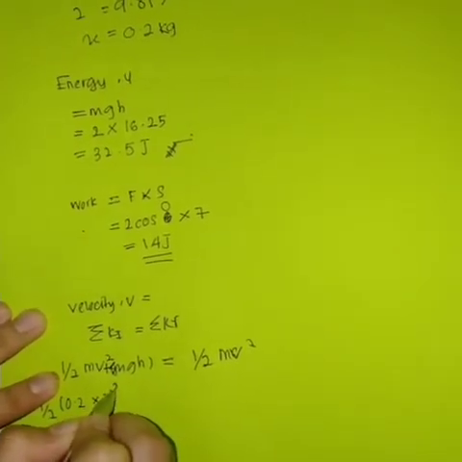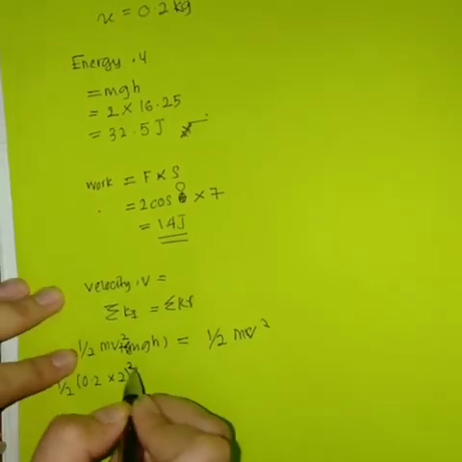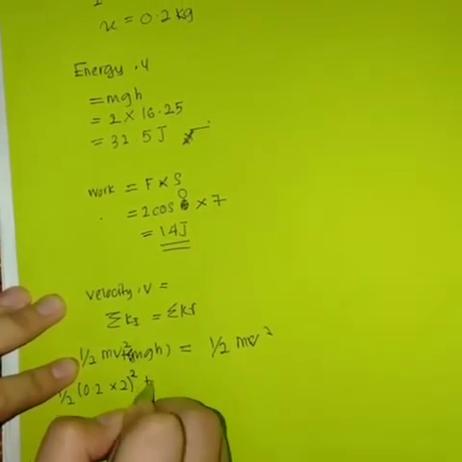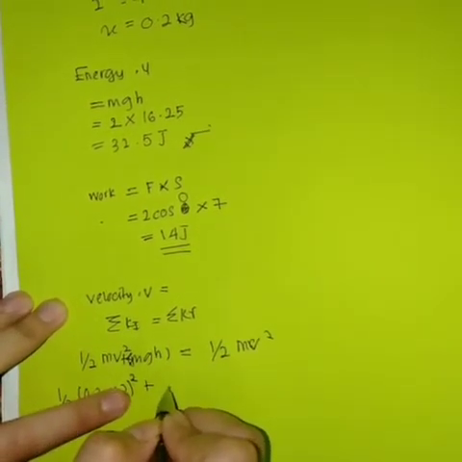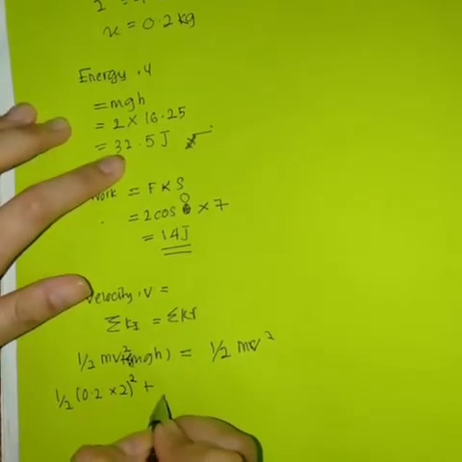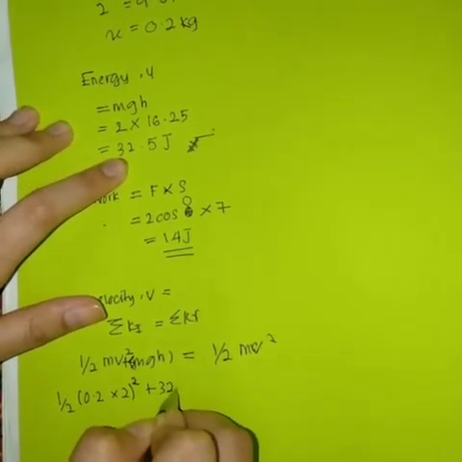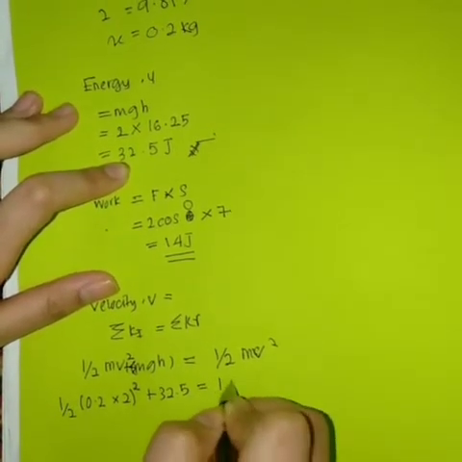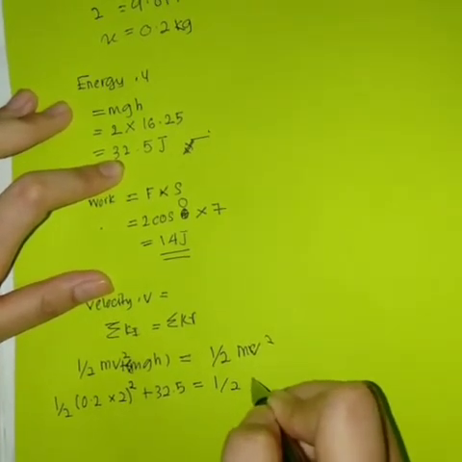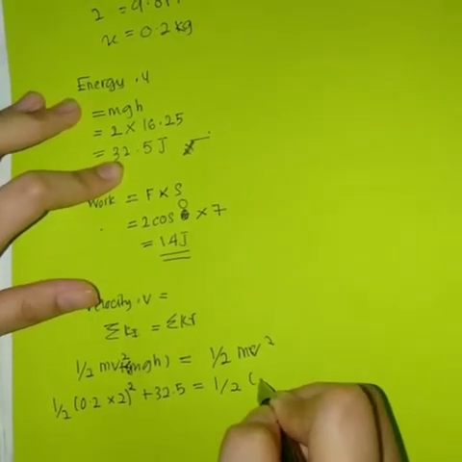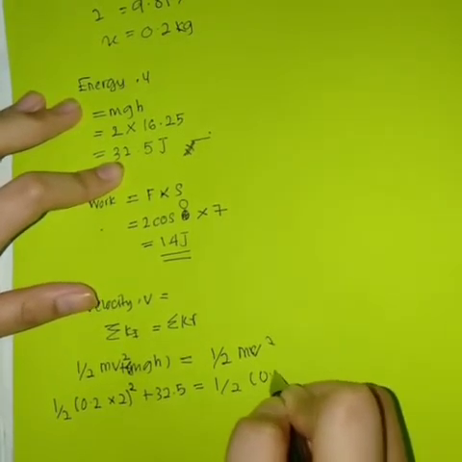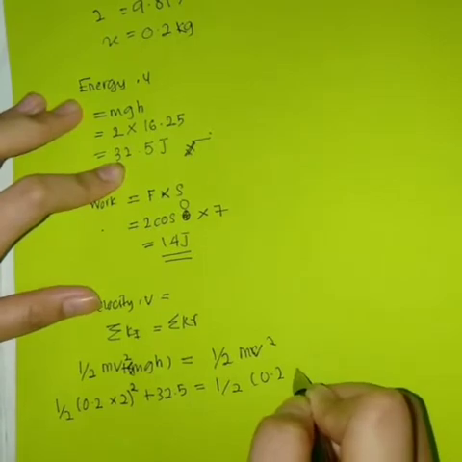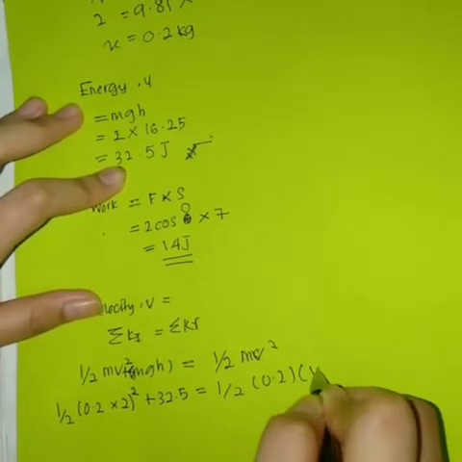So we need to square, so plus mgh we get 32.5, so equal to 1 over 2 m, and we get 0.2 times v squared.